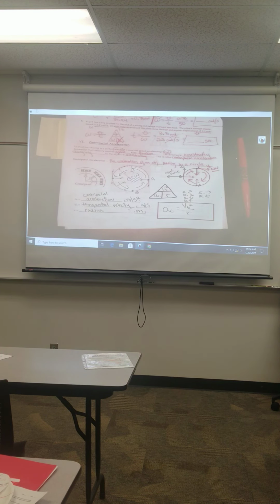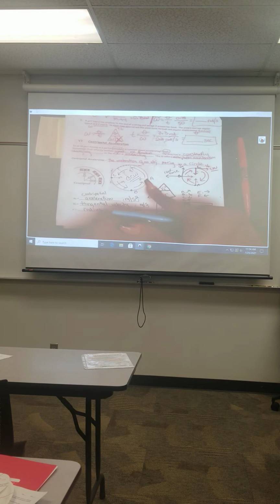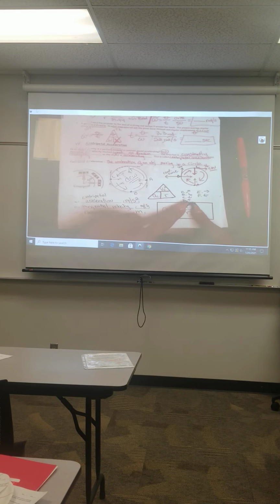And then they're going to tell me, at location A, your answer choices are A, B, C, D, E, F. Which vector arrow would match the centrifugal force at location A? D. Nope. Okay. It would be E.